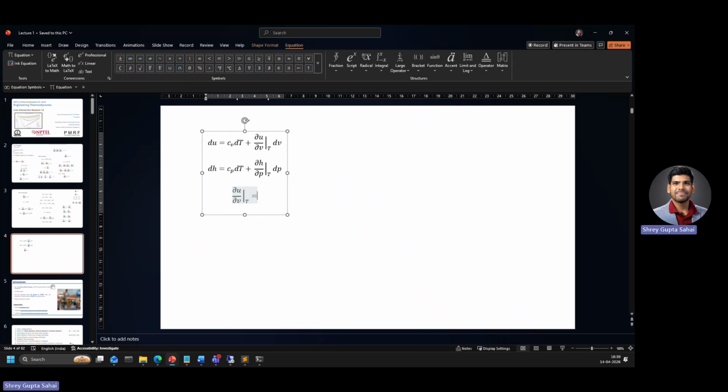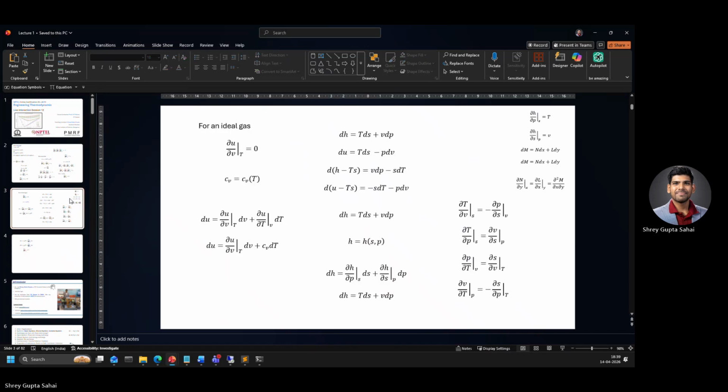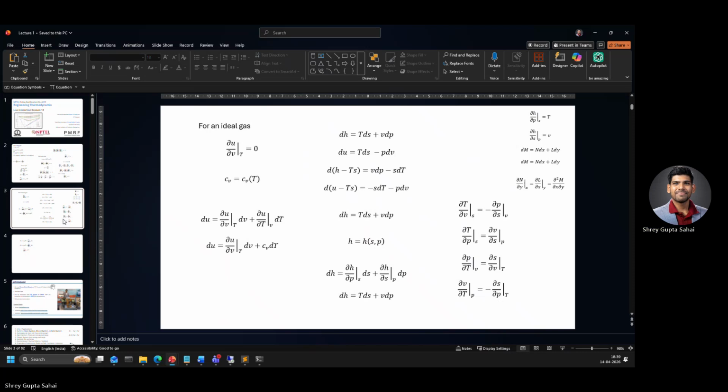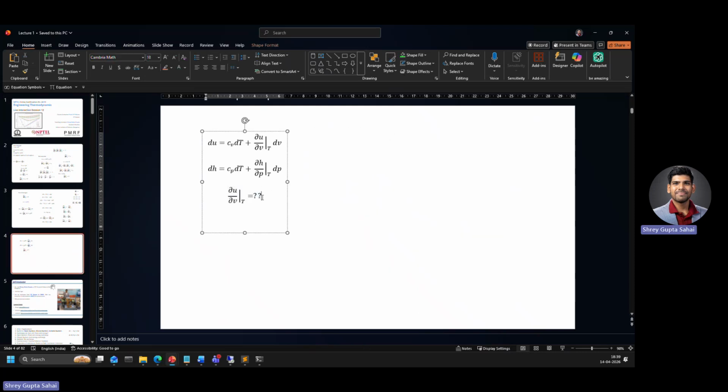Okay. We will use TdS relation, right? The TdS is actually minus P by T dV.